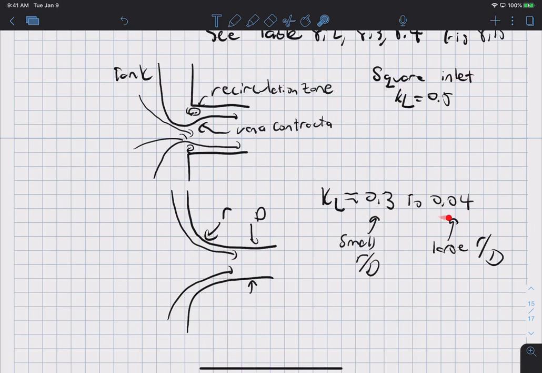And note that the loss coefficient is not zero, even for a very large, very smooth contoured inlet, and that's simply due to the wall friction as the flow goes and turns around the long rounded sides.